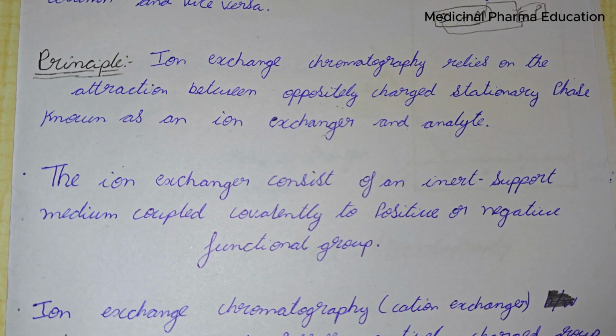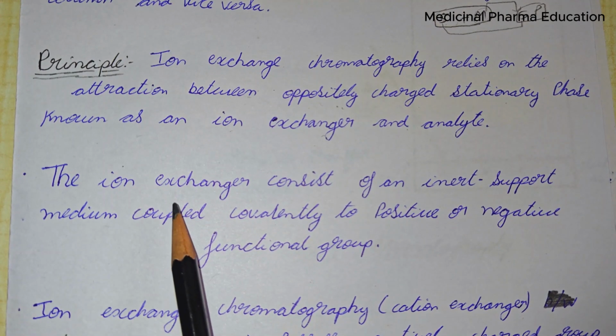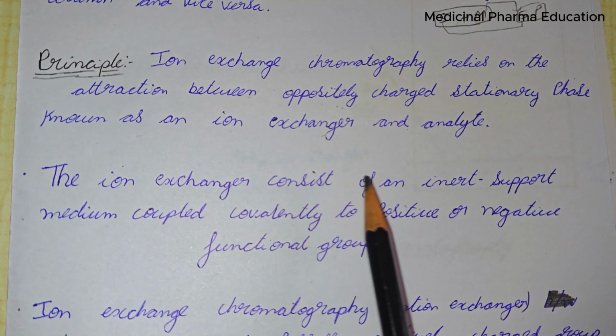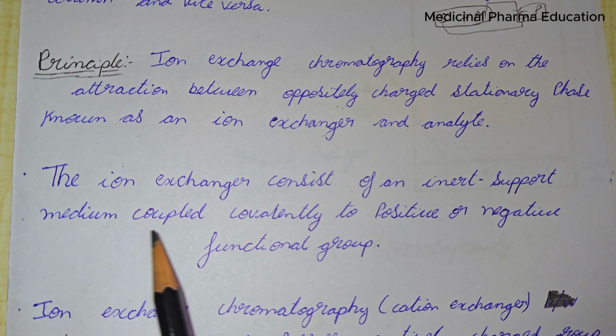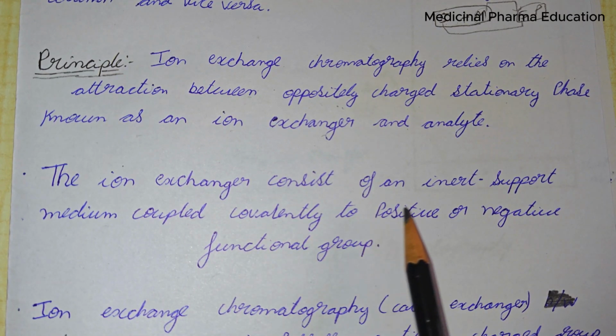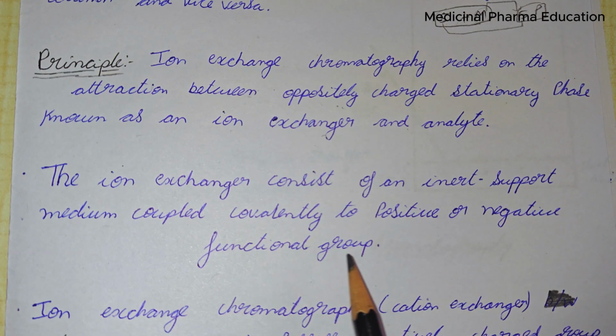As I said, there is an exchange between the positive and negative charges. Positive attracts negative or negative attracts positive, based upon the oppositely charged stationary phase. The ion exchanger consists of an inert support medium coupled covalently to a positive or negative functional group. This is the mechanism or principle involved in ion exchange chromatography.